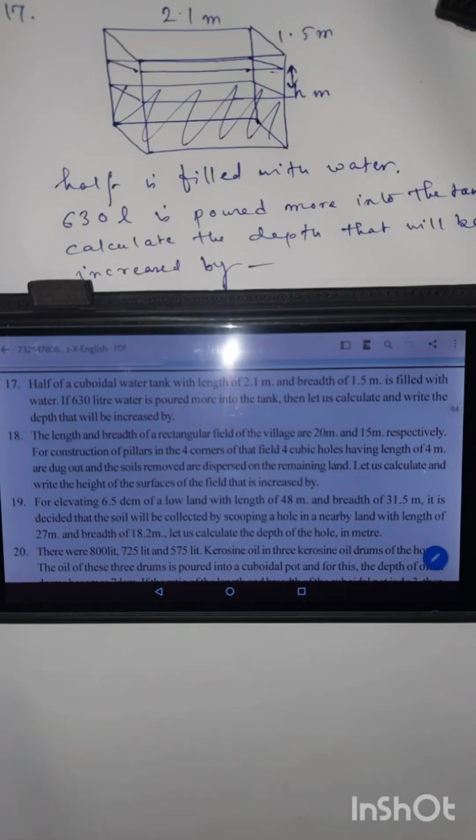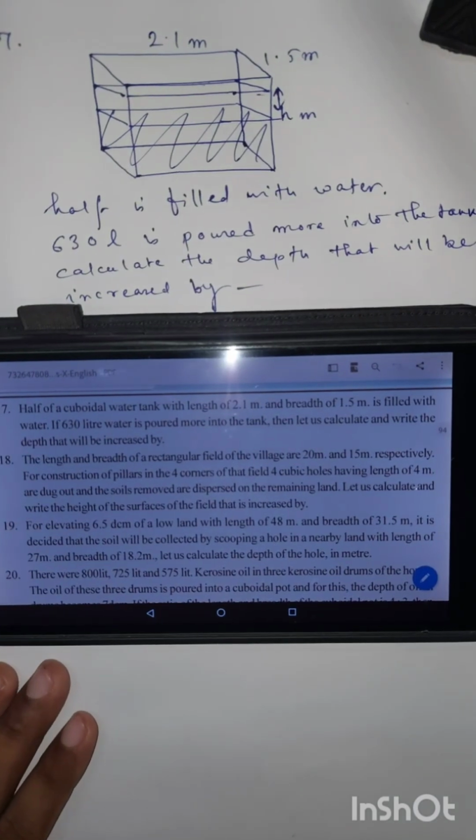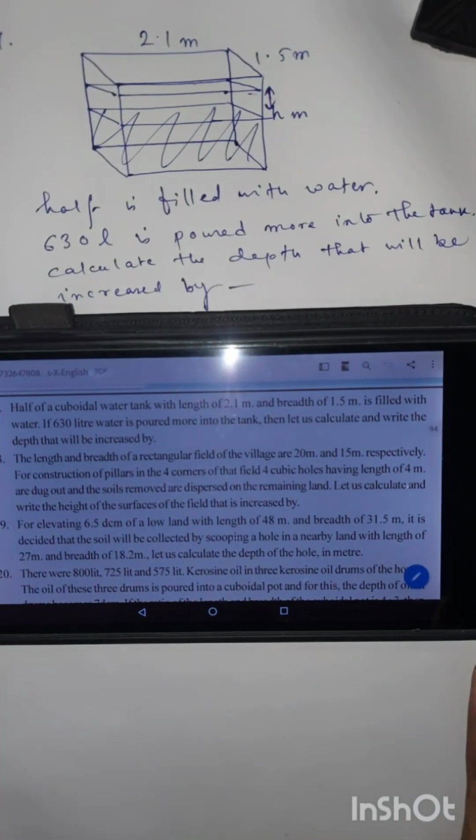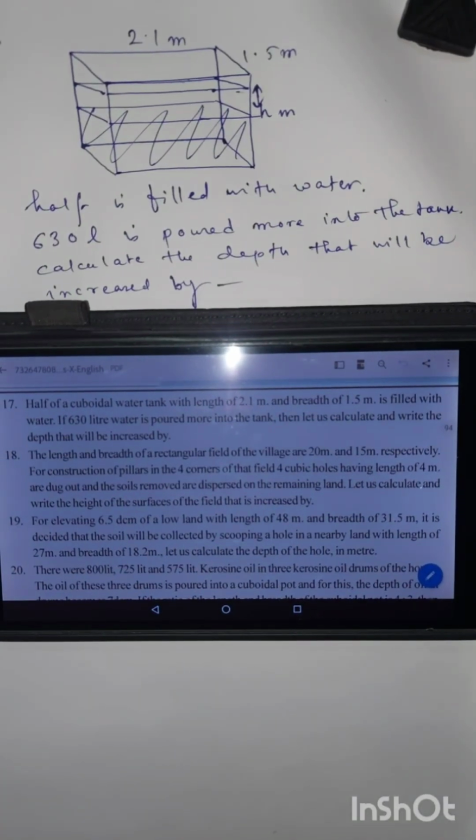Question number 17 says, half of a cuboidal water tank with length 2.1 meter, breadth 1.5 meter is filled with water. If 630 liter of water is poured more into the tank, then let us calculate and write the depth that will be increased by.